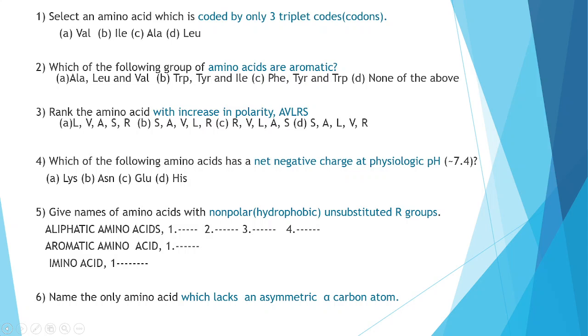Then question number 5 is, give names of amino acids with non-polar or hydrophobic unsubstituted R group. In aliphatic amino acids, there are 4 amino acids of non-polar nature and unsubstituted R groups. Aromatic amino acid is 1 in number, and there is 1 amino acid also. Then the question number 6, name the only amino acid which lacks an asymmetric alpha carbon atom.